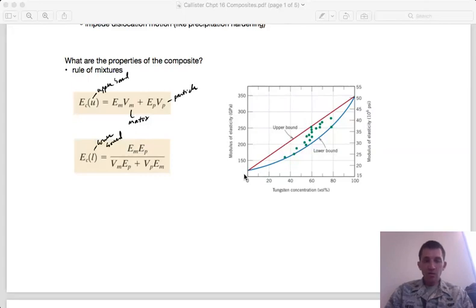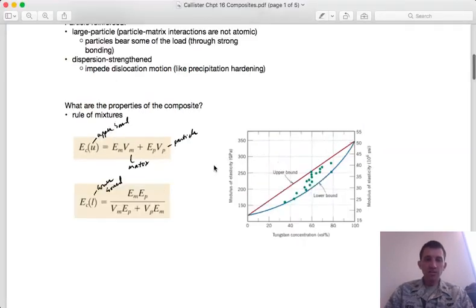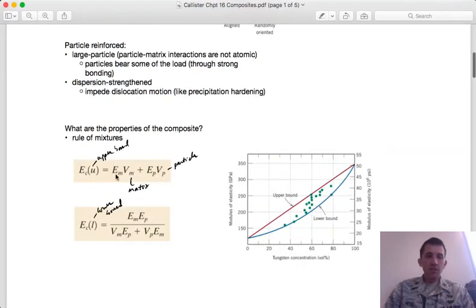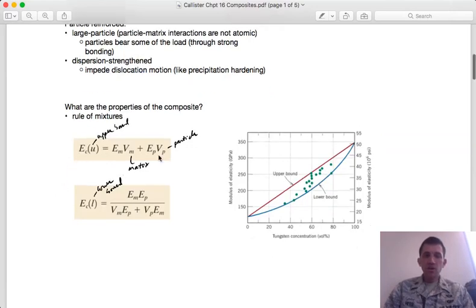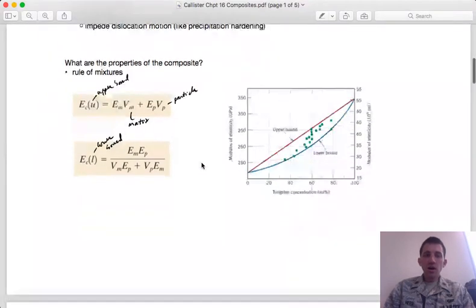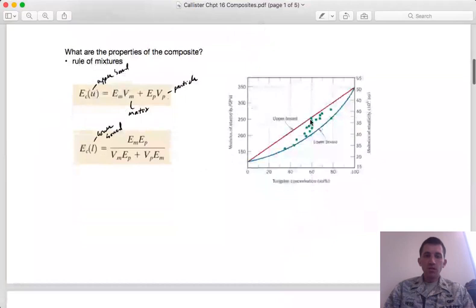Now remember, this is an idealized case, because transferring the load between these particles is going to depend on the bond at the interface. And so if that bond is very strong, then they could share the load very efficiently, and the best case scenario would be this line here, this equation.